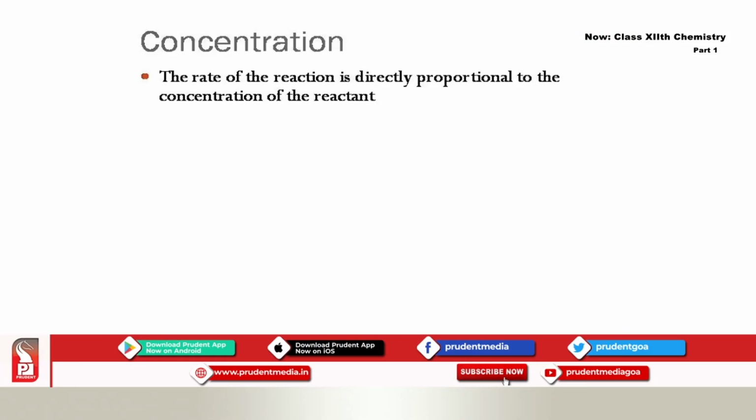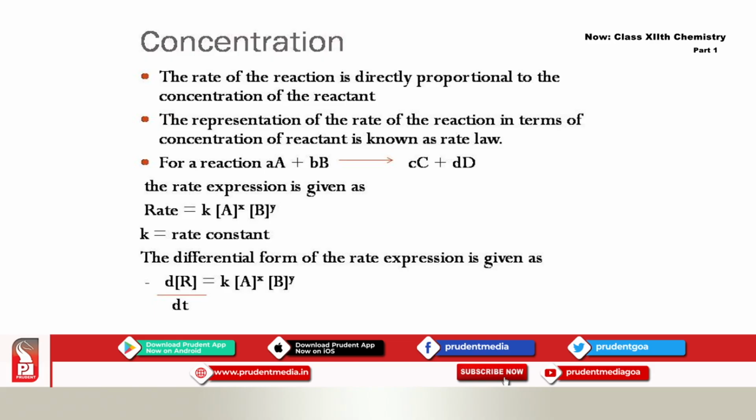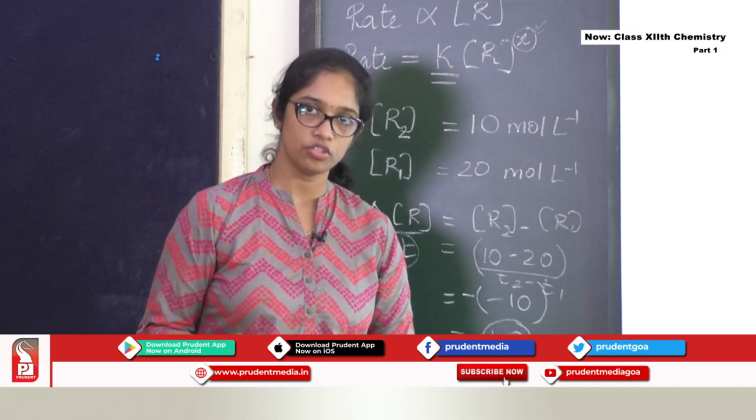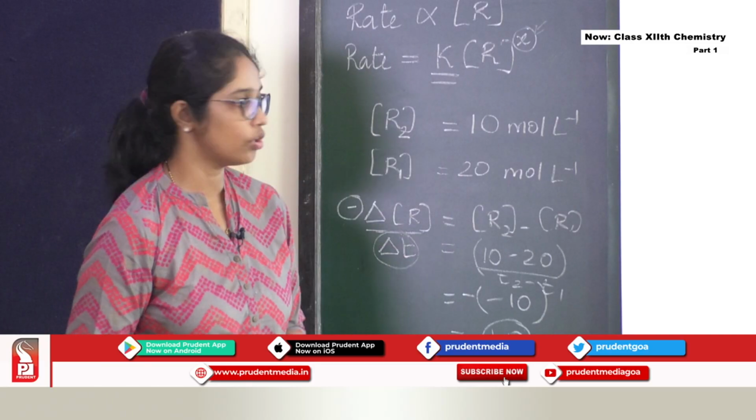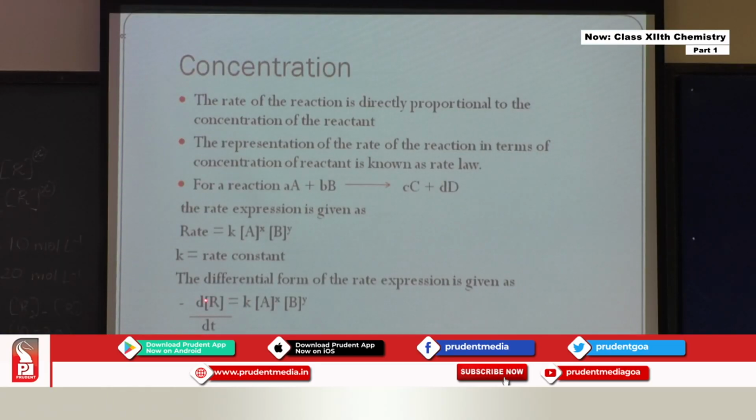So, after we have seen that this is the rate expression, the differential form of the rate expression, because we know that rates can also be written in terms of reactant and product concentration. So, if it has to be written in terms of reactant concentration, then it is written as negative dR by dt. This is the instantaneous rate that I have written down here.